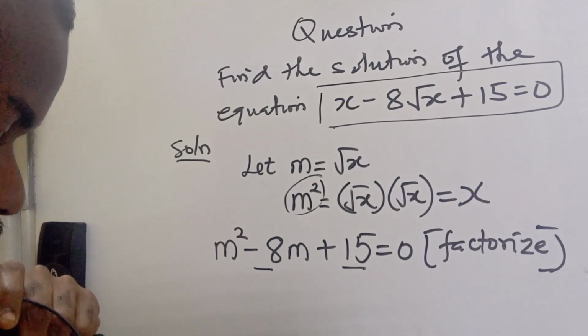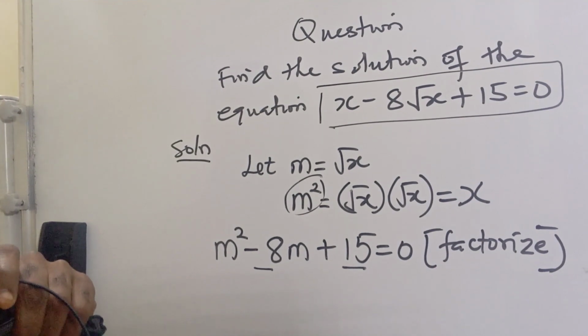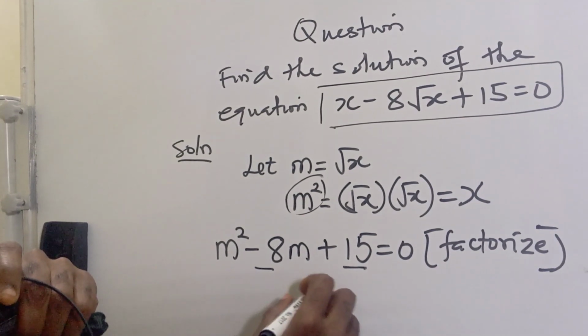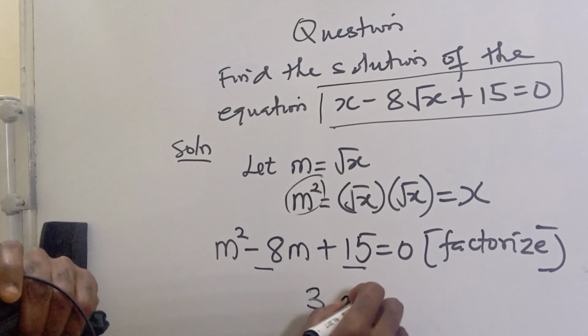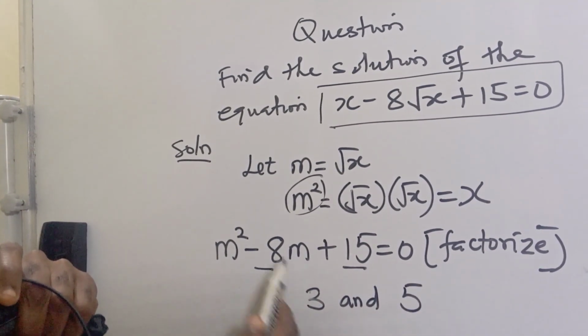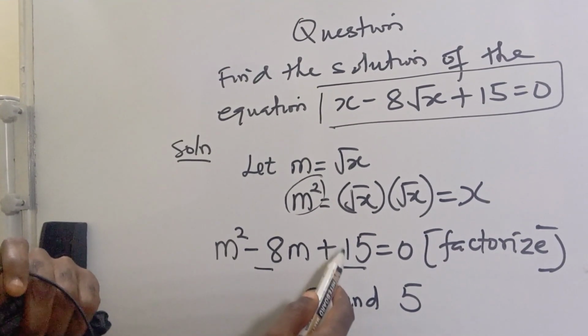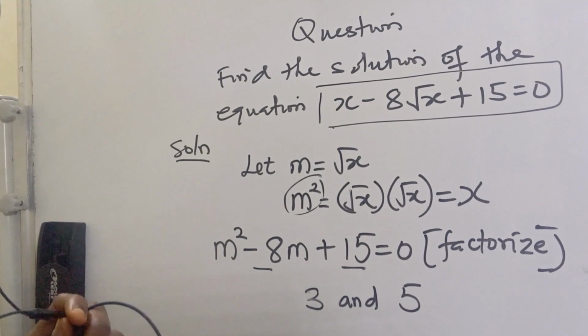So applying that rule, we are going to check. I'm seeing that the numbers can be 3 and 5. 3 and 5 can give us 8, and if we multiply 3 and 5, they can give us 15.